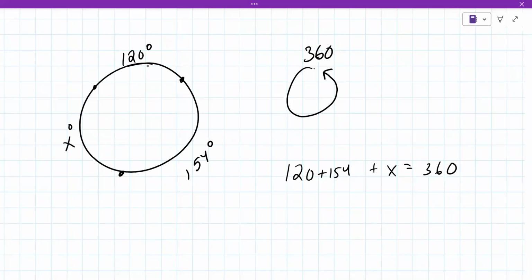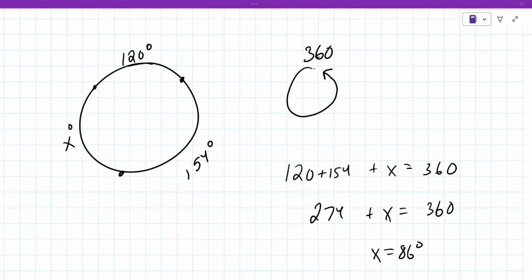You have to subtract 274 from 360, that equals 66. Does not equal 66. Go ahead and try it again. 86. X equals 86. Good.